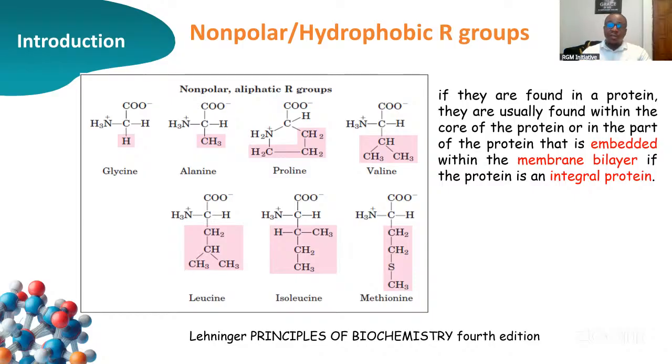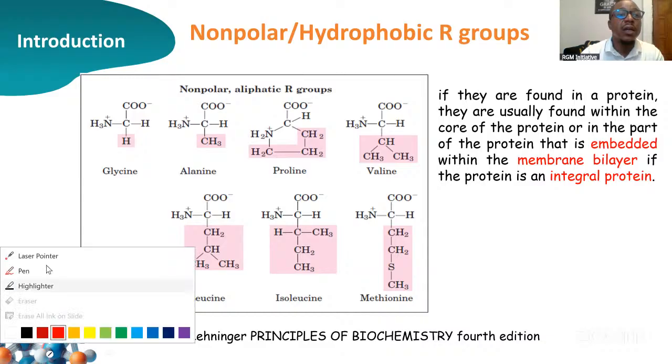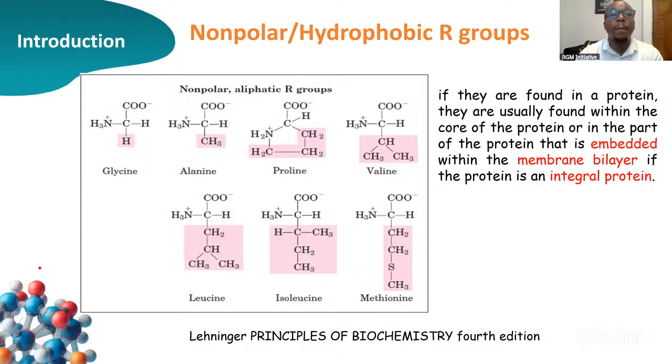Now, you noticed earlier that I said this is a non-polar aliphatic R group. I said every amino acid must have the carboxylic group, the amino group, and the hydrogen.